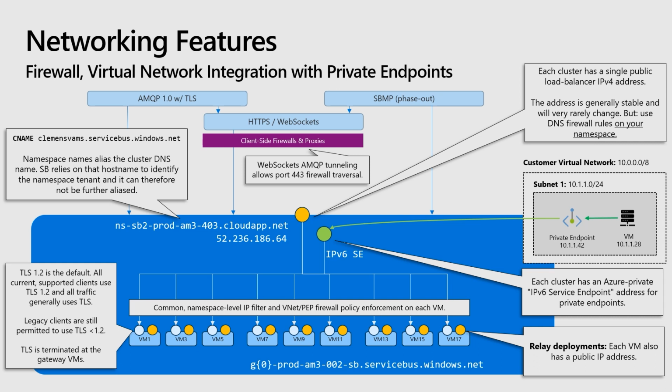For VNet, we have a feature called private endpoints and also VNetting. Generally how this works is we have an internal IPv6 address that we associate with a cluster that cannot be seen from the outside. And then you're binding your customer virtual network using that private endpoint mechanism to that IP address. You can't do that yourself; that's something that we have to do.